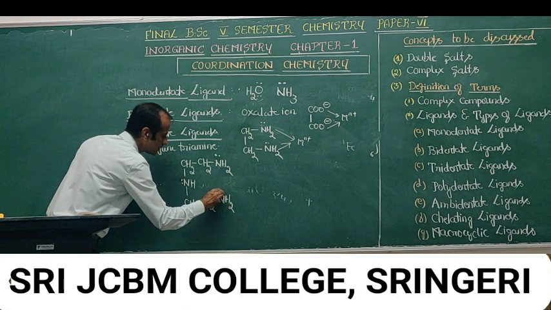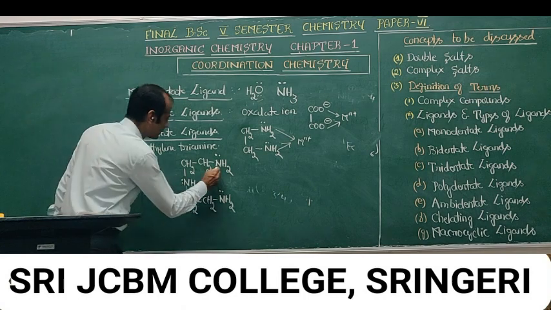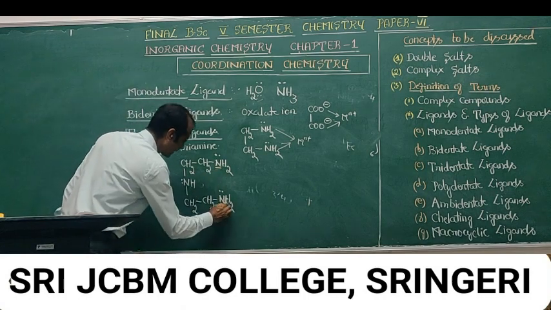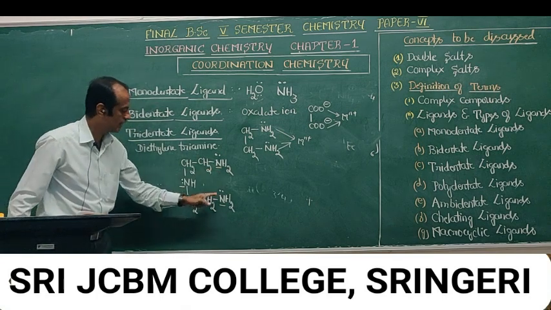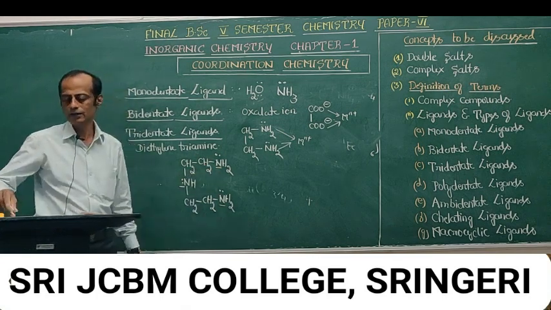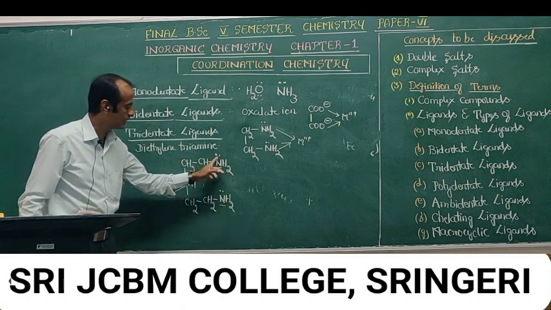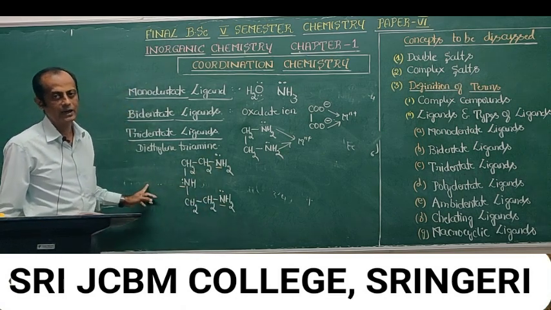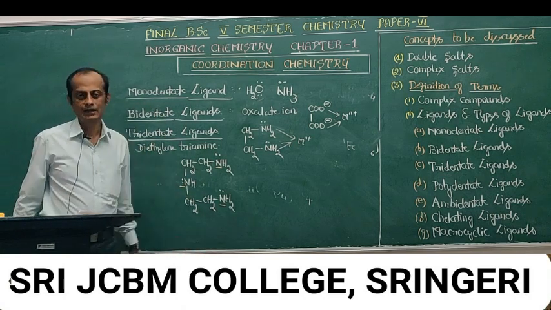This is diethylene triamine. Here the donor atoms are the first nitrogen, second nitrogen and third nitrogen. These three nitrogen atoms can each donate one pair of electrons. A total of three pairs of electrons are donated to the central metal atom to form three coordinate bonds. That's why it is a tridentate ligand.